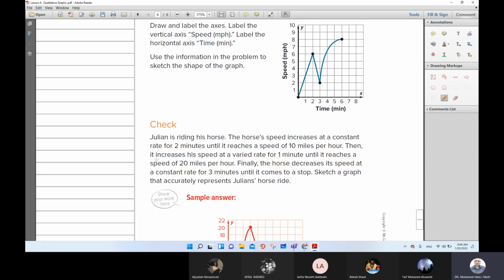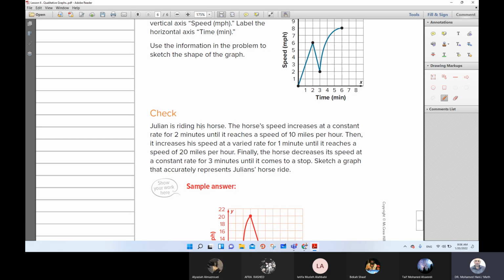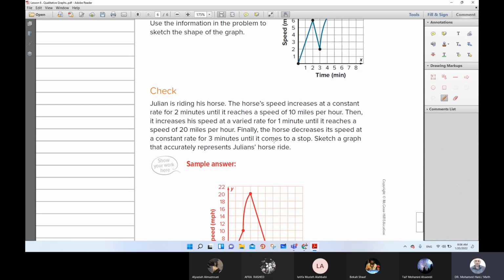Julian is riding his horse. The horse's speed increases at a constant rate for 2 minutes until it reaches a speed of 10 miles per hour. Then it increases its speed at a varied rate for 1 minute until it reaches a speed of 20 miles per hour.